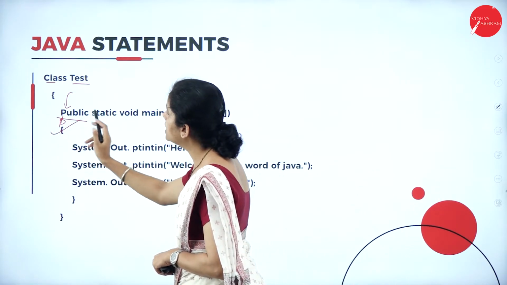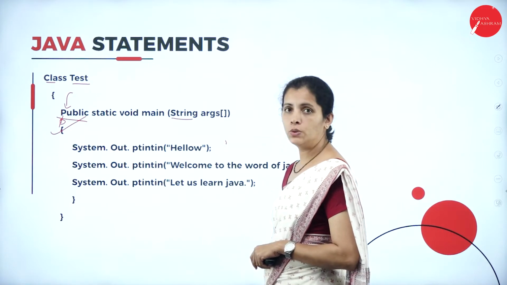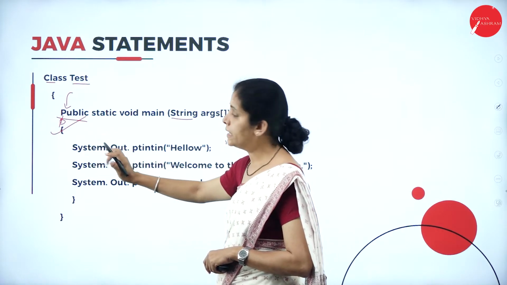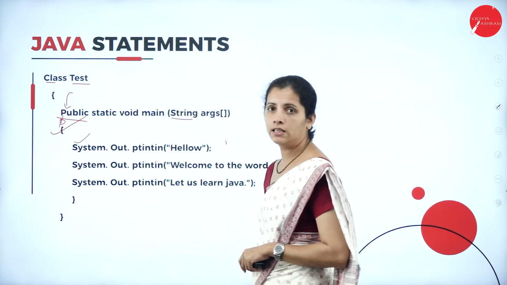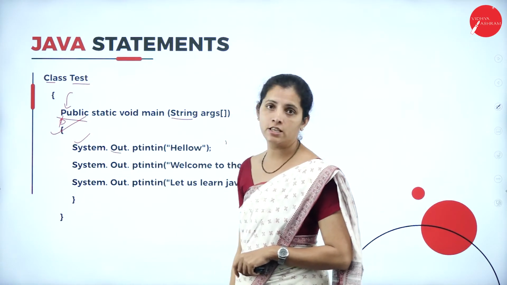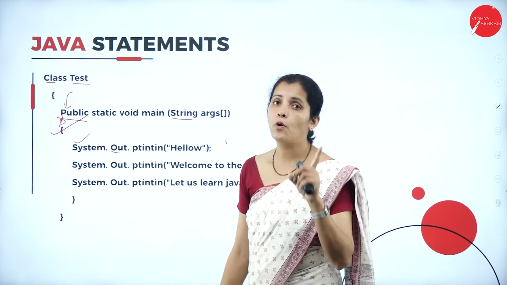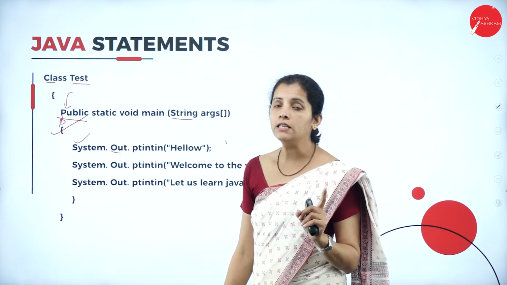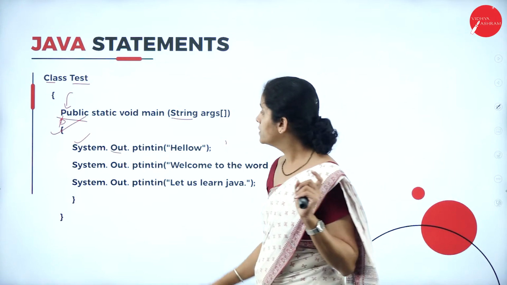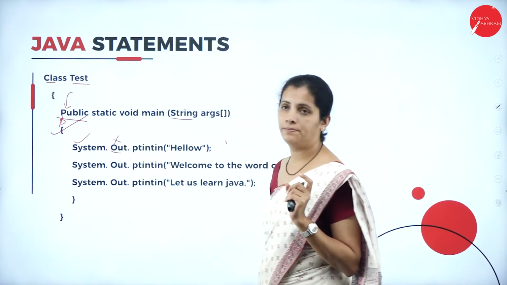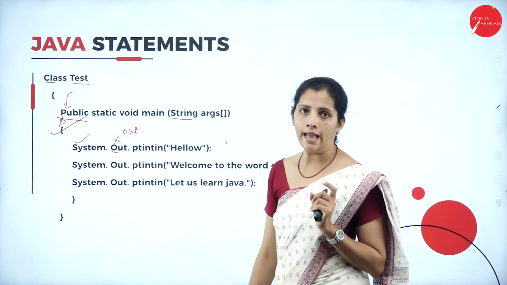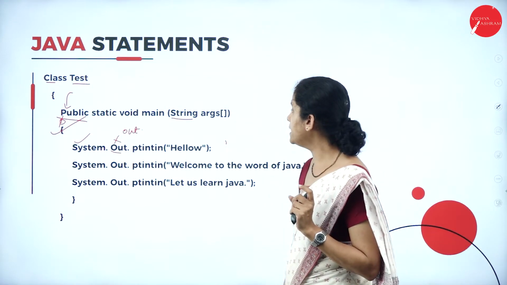Now I'm going to start my statement. So dear student, if I consider System, in System S is capital letter, and if I write Out, I'm going to get an error message because here o is small letter, because Java is case sensitive and I want to write the code as it is. So it is out dot println.